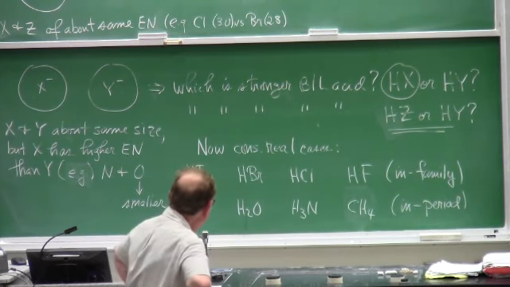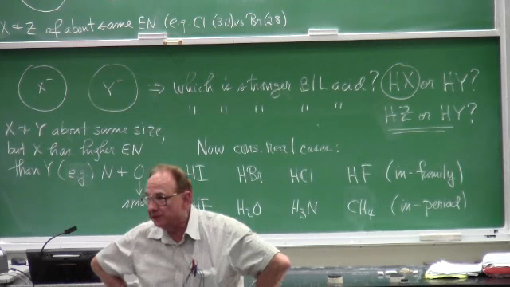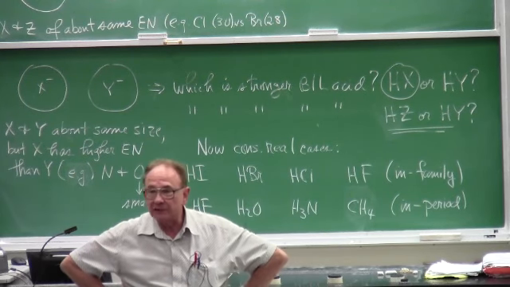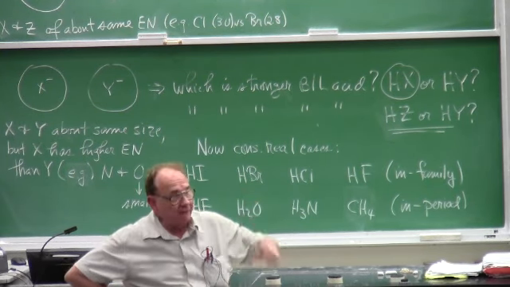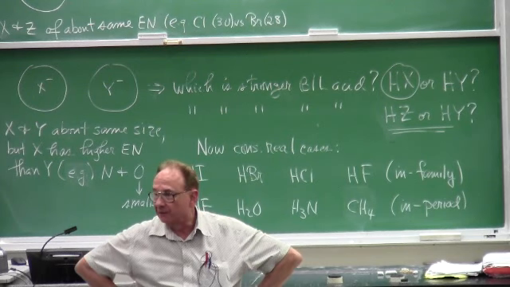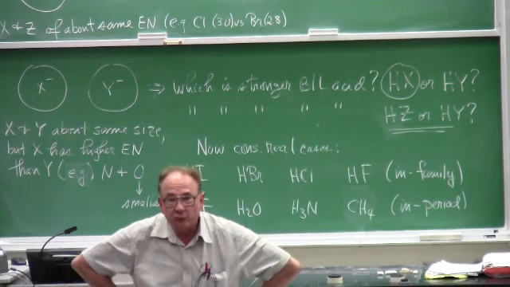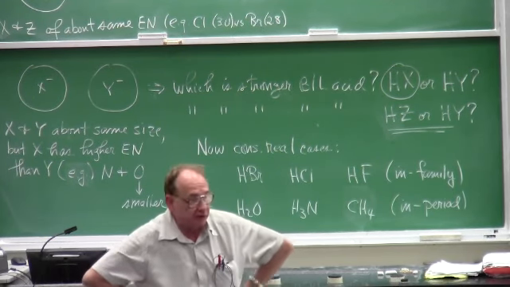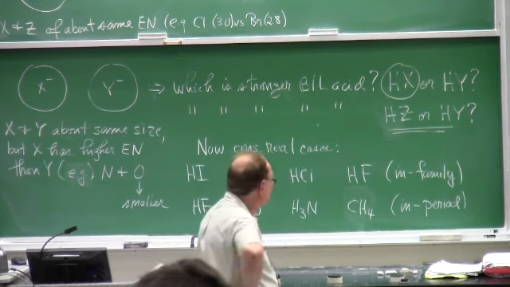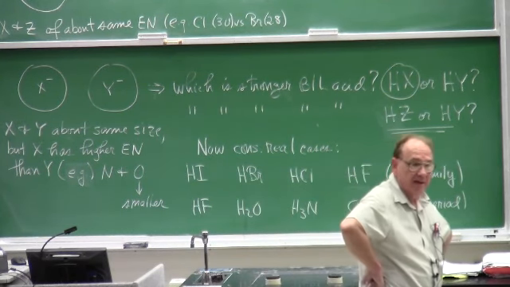If HZ and HY were real species at this point, if this is all the information we'd have about these, what would we have to do to resolve this issue? HZ versus HY.